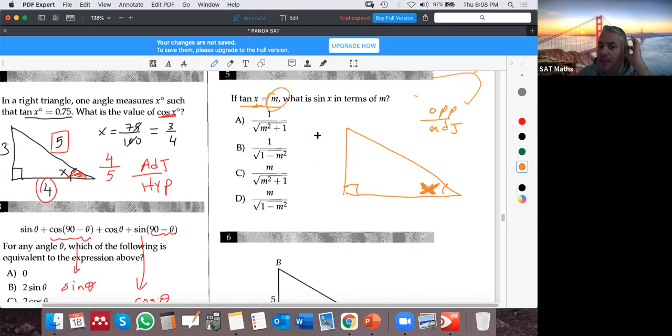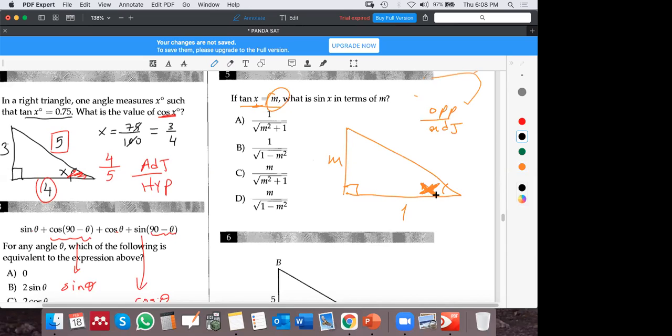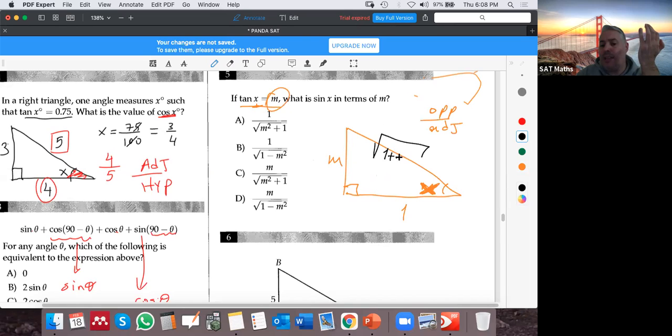This is M. So I can say M over 1. Why? Opposite M, adjacent 1, M over 1 is M. Any question? No. Now, by the Pythagorean theorem, isn't this the square root of 1 plus M squared? Yes, it is.